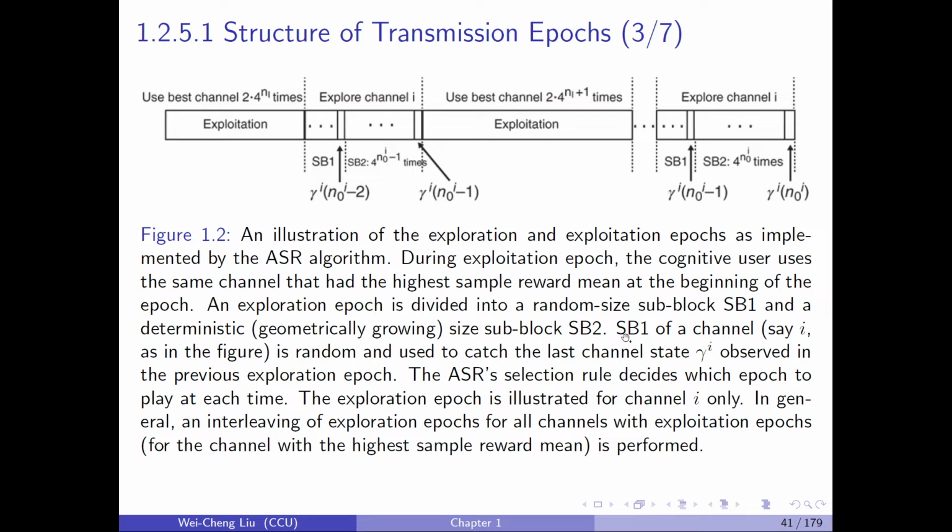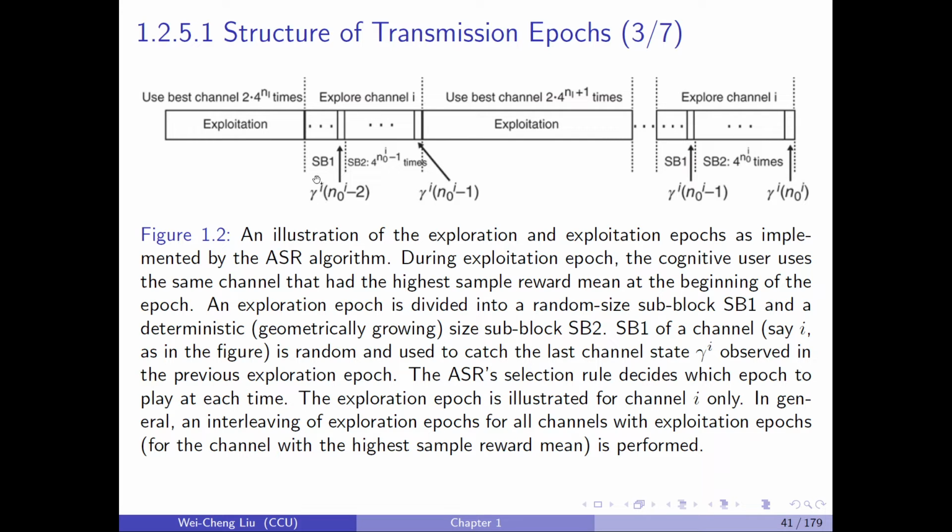SB1 of a channel, say I as in the figure, is random, and is used to catch the last channel state gamma I observed in the previous exploration epoch.